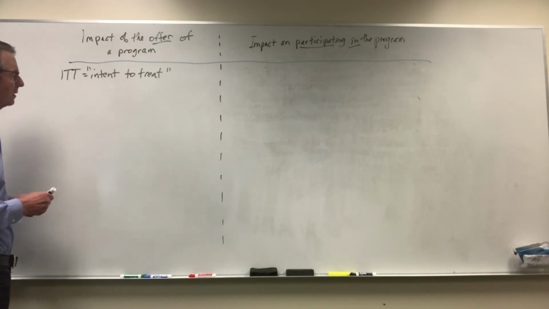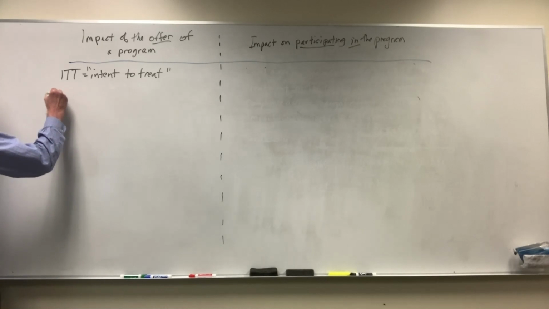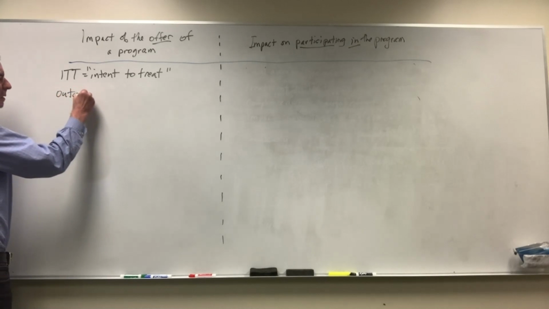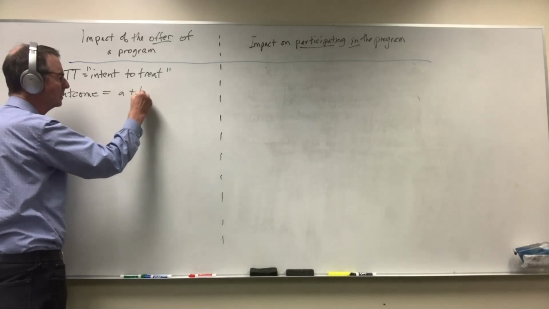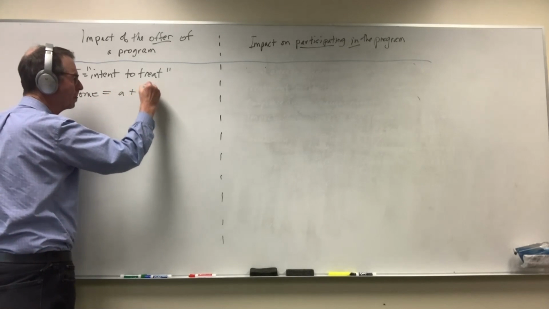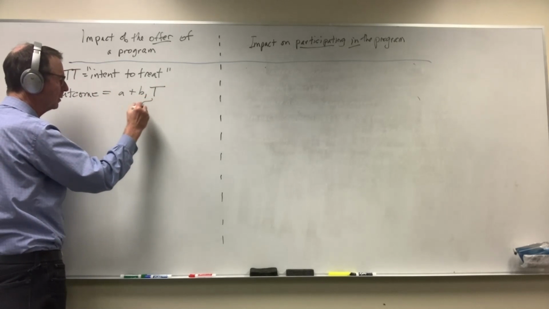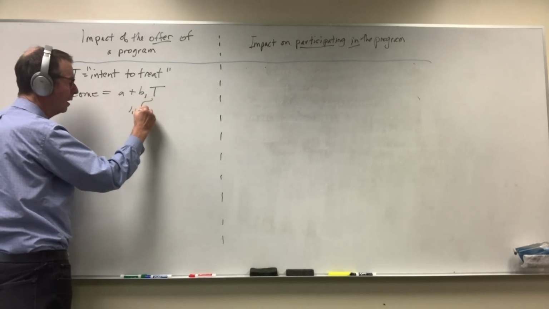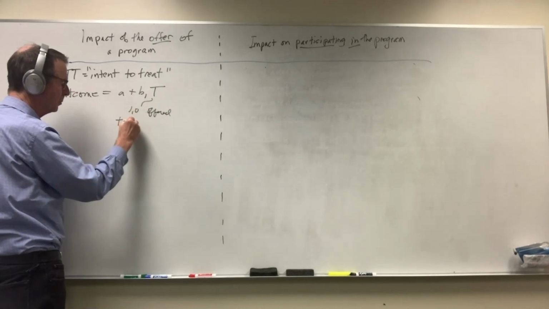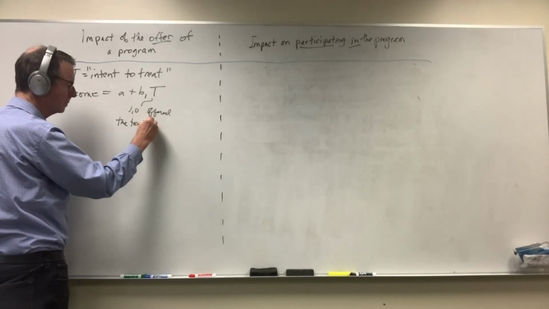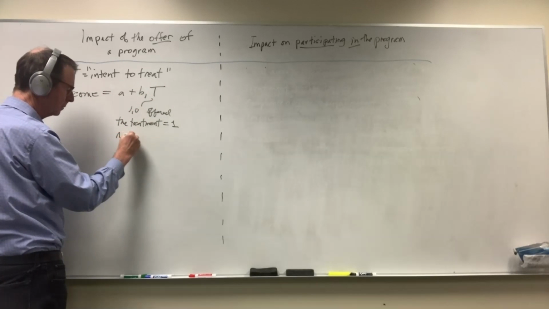To estimate that, we either did a t-test, or if there are control variables, or even if there aren't, we could do some regression where the outcome is some function of T, which is a 1, 0: offered the treatment, offered the program, equals 1, not offered is 0.